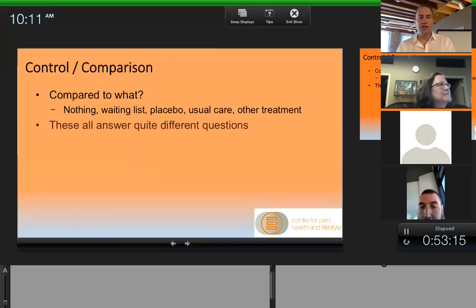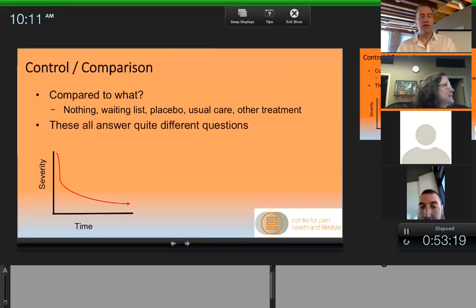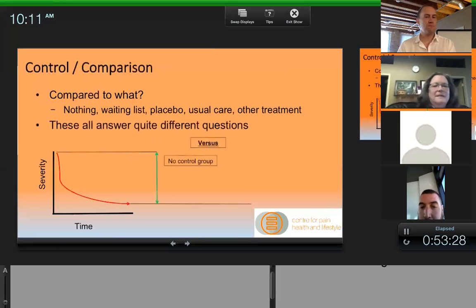This is critical though. It's really important to nail this down because they're completely different questions. All right, so if we're thinking about a single group, we might be inclined to say that this treatment is that effective if we don't compare it to anything. But if we decide that we're going to compare it to a waiting list, we probably decide it's only that effective.